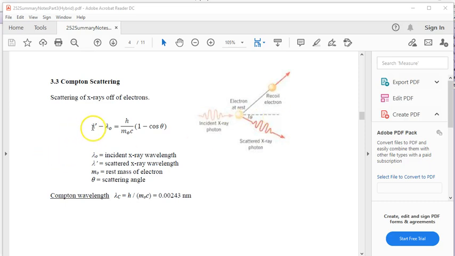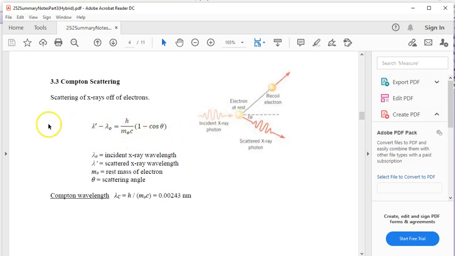And that's what you see written here. This is the shift, right? The difference in the wavelengths. So that shift depends on the scattering angle. Okay? But what's interesting is what it doesn't depend on, and that's where the wave model fails. First of all, the wave model cannot get this formula.